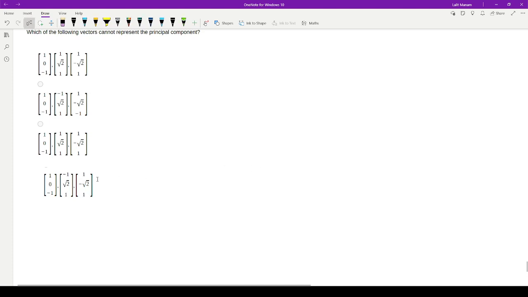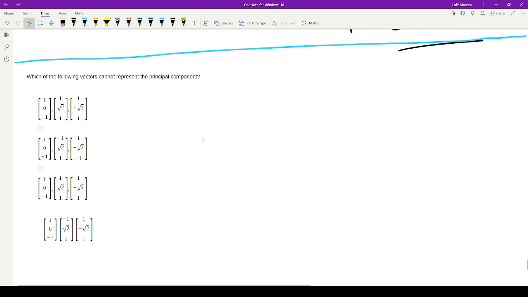Okay, so what is the property that these vectors should satisfy for it being a principal component? Principal components are what? Orthogonal, orthonormal, right?